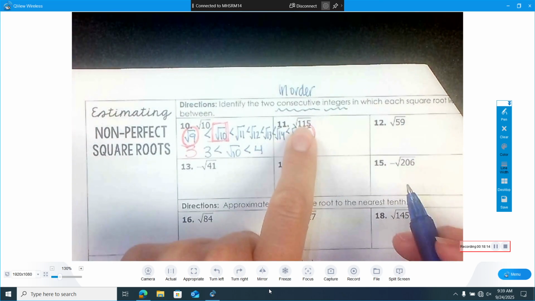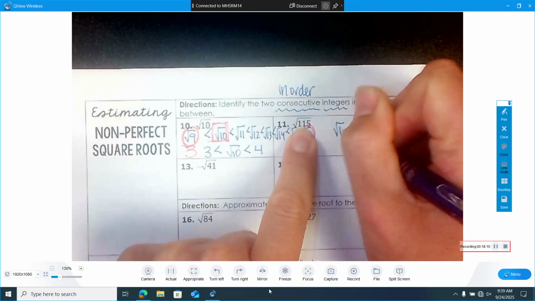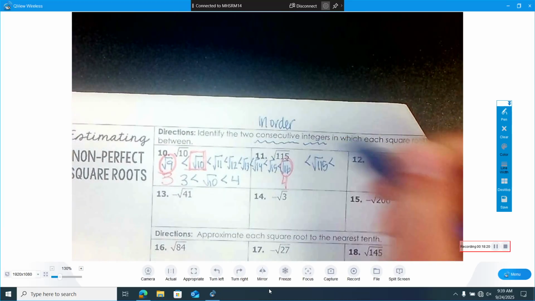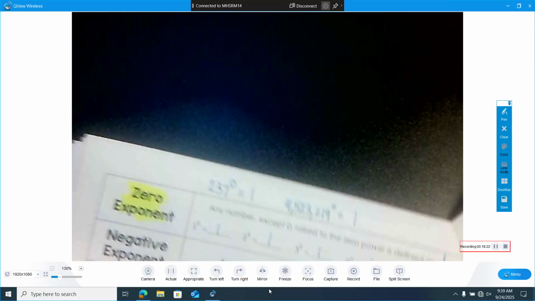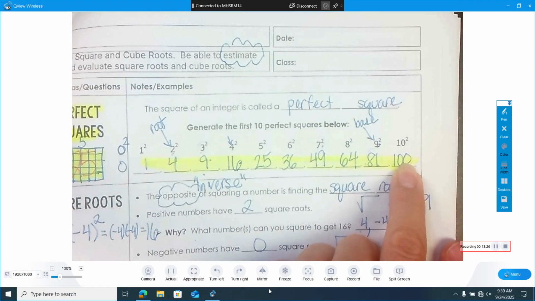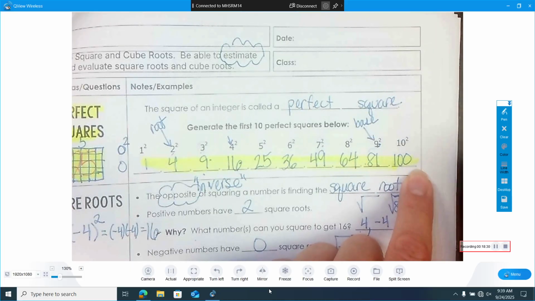So 115. Let's think back to our list here of perfect squares. We want 115 somewhere between our little list. Ooh, 115 is bigger than 100. What's the next perfect square number? 11 squared is? 121. 121, thank you.